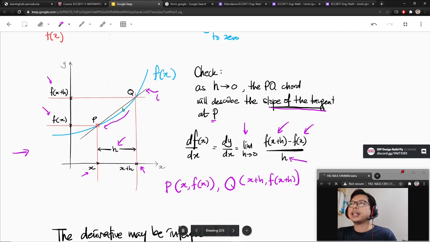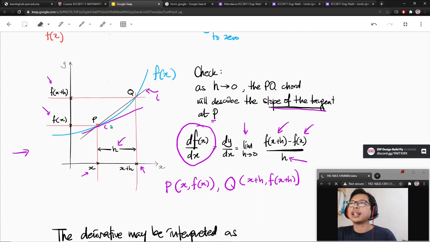When Q and P get really close together, h approaching 0, it will define the slope of the tangent. So we will get a straight line like that.